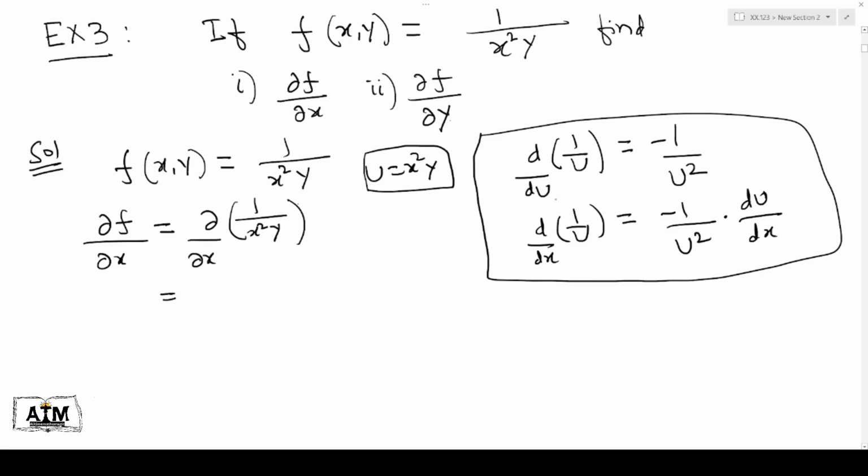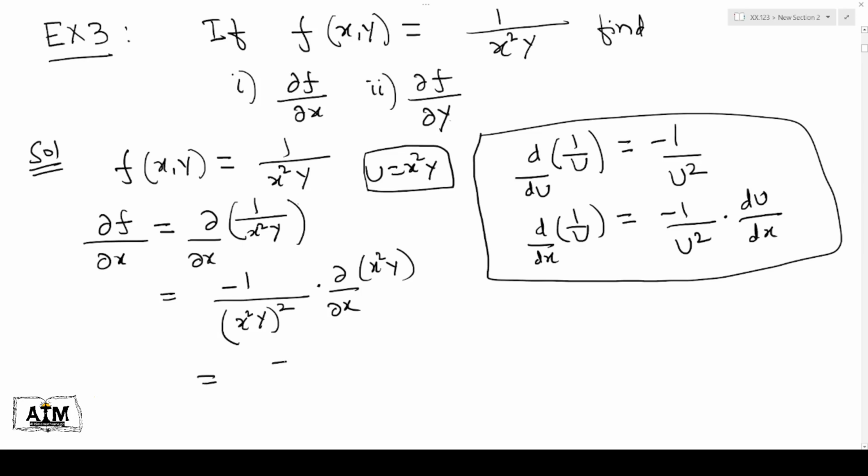The partial derivative of 1 upon u is nothing but minus 1 upon u square, that is minus 1 upon x square y whole square, multiplied by the partial derivative of x square y with respect to x.